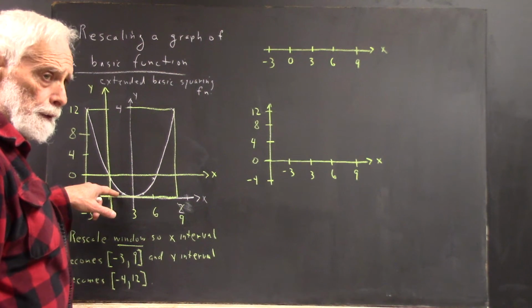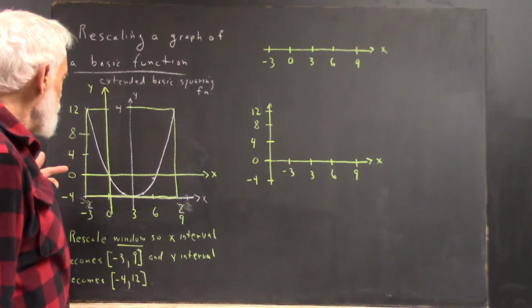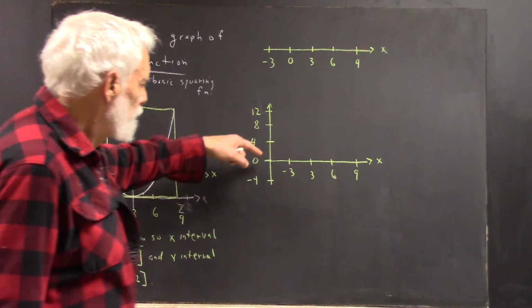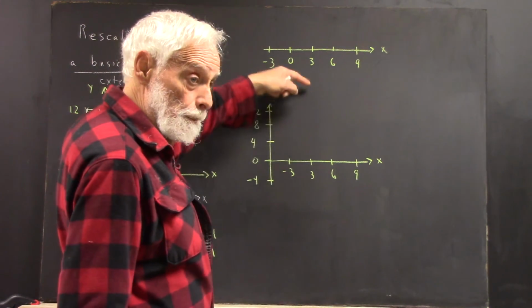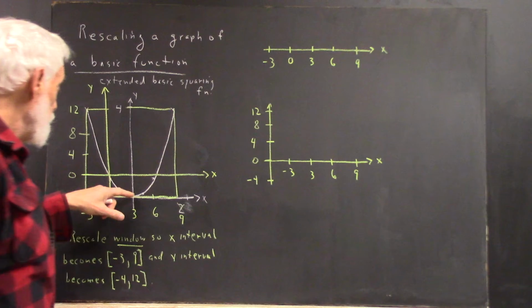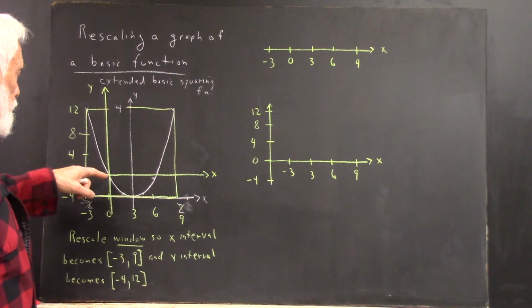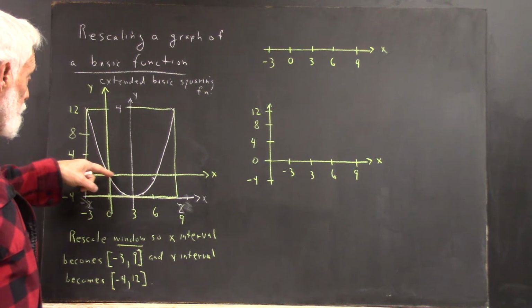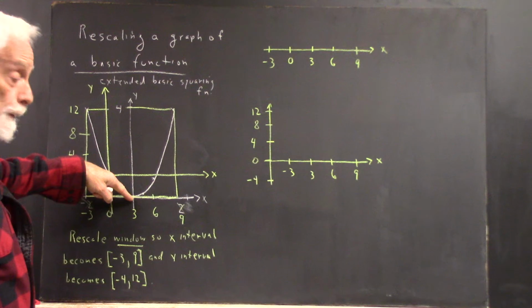Where's the graph? Well, now the graph is not going to appear as the y equals x squared graph. That would be here. Our new graph, relative to the origin, is going to be 3 units to the right and 4 units below the origin.